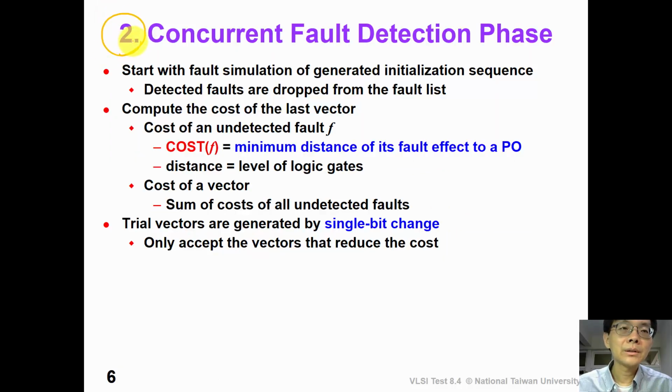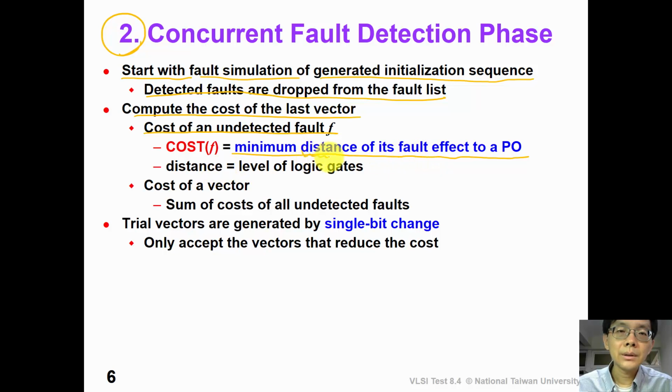Now we enter the second phase, the concurrent fault detection phase. We start with fault simulation of the generated initialization sequence, and the detected faults are dropped from the fault list. And then we compute the cost of the last test vector. Here we define the cost of an undetected fault F as the minimum distance of its fault effect to a primary output.